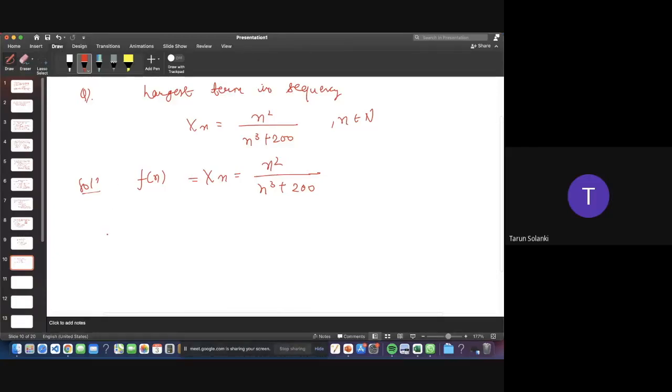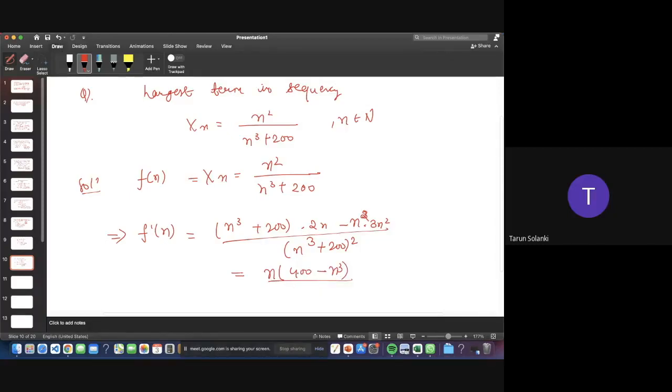Okay, so finally f'(n) will be ((n³ + 200)·2n − n²·3n²)/(n³ + 200)². So it is n(400 − n³)/(n³ + 200)², right?